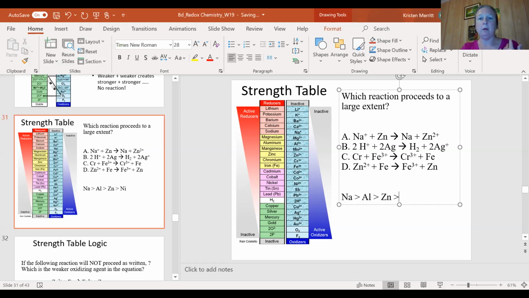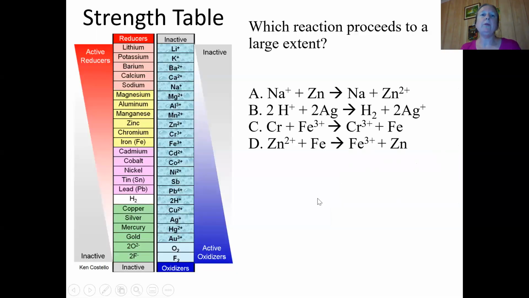So using that, let's look at these examples. Will the first reaction happen? Well, I always start with my metal because that's on the left-hand side. That's my reducing agent. These are the conjugate oxidizing agents. So I look at my reducing agents and I say, which is stronger? Where's zinc? Here's zinc. Where's sodium? Sodium's up here.